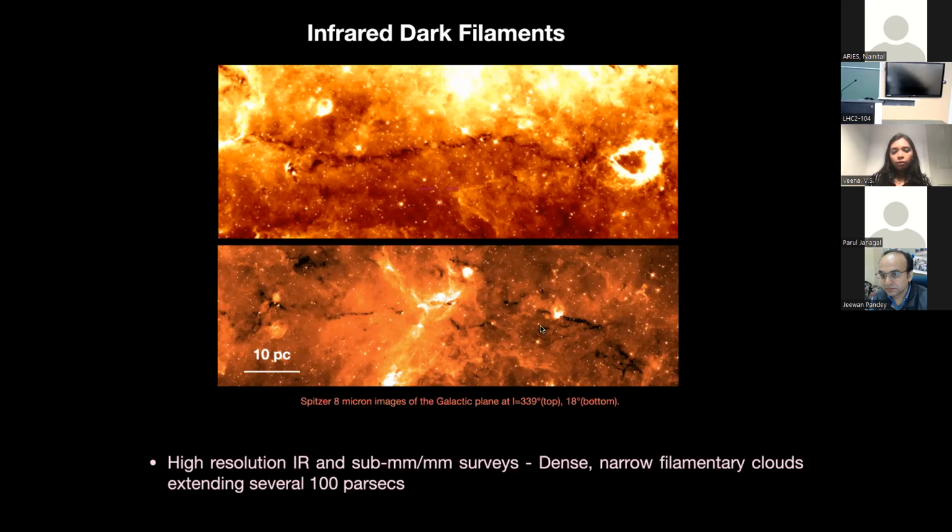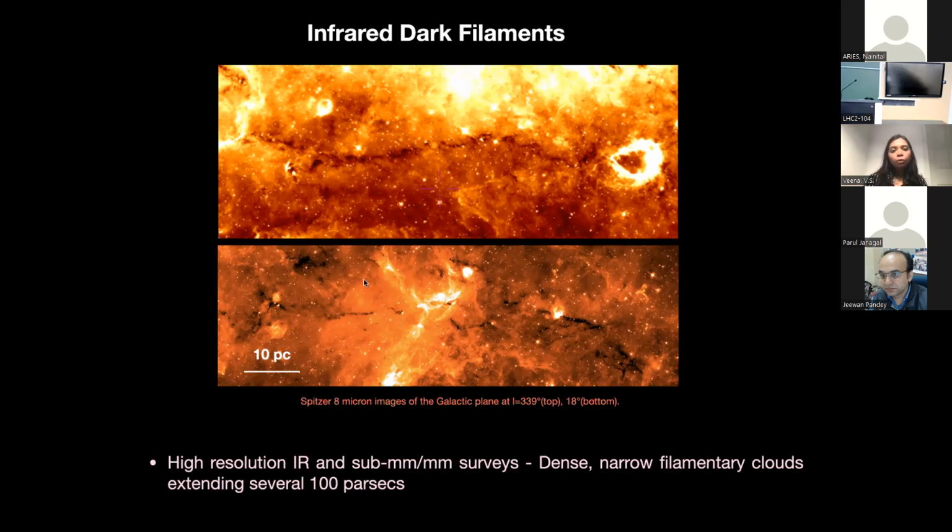And when we are looking at these dark features, they are probing really dense and cold gas. Why is it the case? Because we have this bright galactic background from the warm dust in the region, but here we are seeing more or less some kind of extinction structure, and it is blocking all this background light from behind, which means that this is highly dense even in the infrared.